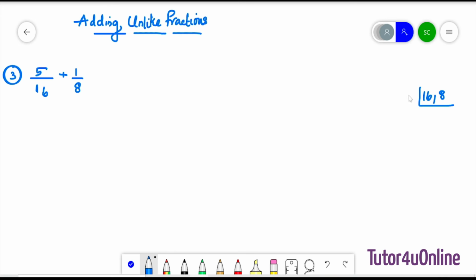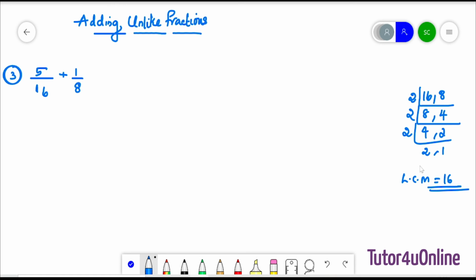You can write 8 here, or you can write the number 2 here. 2 times 8 is 16, 2 times 4 is 8. Then 2, then again we can take multiple 2. 2 times 2 is 4, 4 times 2 is 8, 8 times 2 is 16. So the LCM is equal to 16.